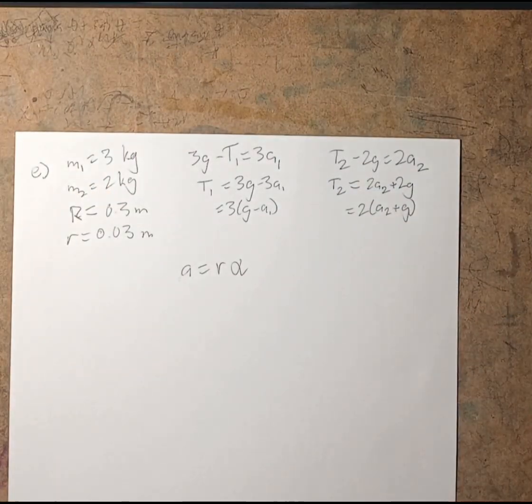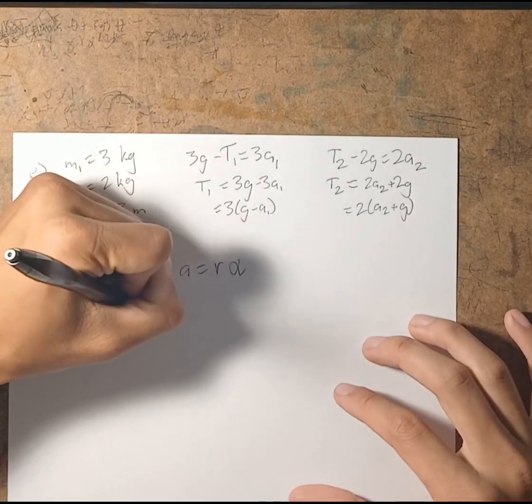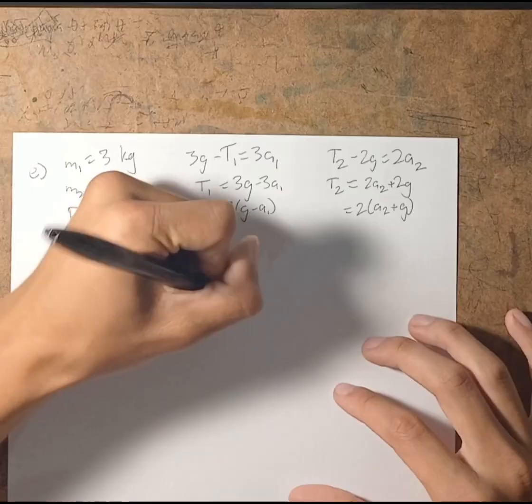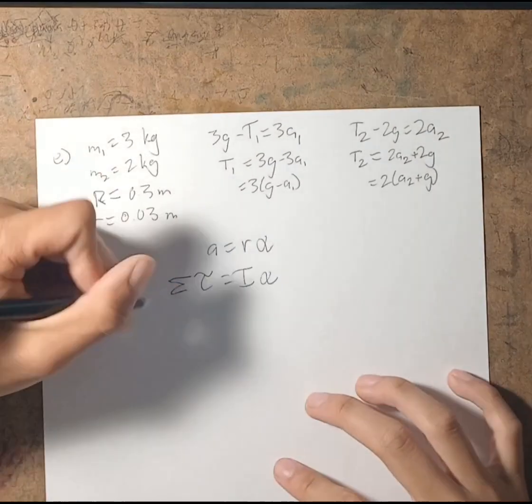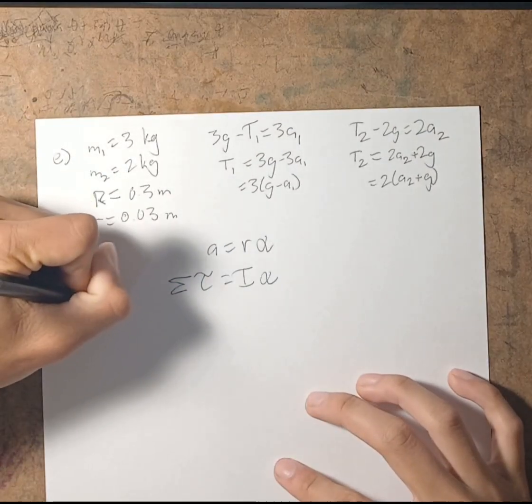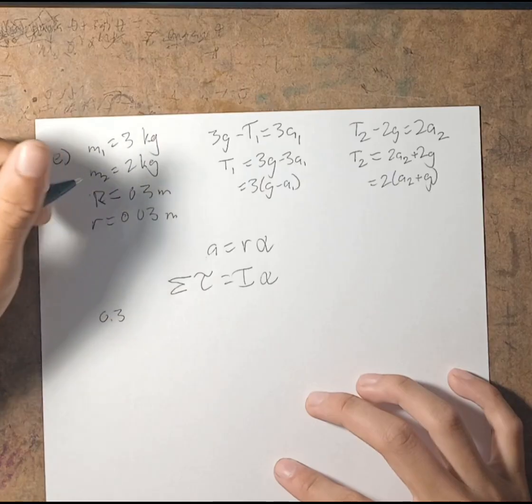All right. Now that we've done that, we can just use sigma tau equals I alpha, net torque equals I alpha, and simply plug in all of our radii and our tensions, because the tensions are what is causing the torque on this system, and then figure out alpha from there. So 0.3 for big R over here.